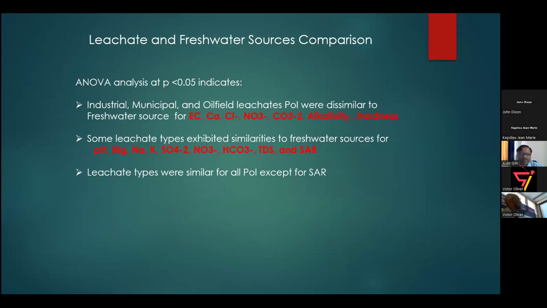All right, so for the source comparison, we used ANOVA analysis at a significance level of P less than 0.05. So what did we find? We found industrial, municipal, and oilfield leachate were significantly different from freshwater sources for EC, calcium, chloride ion, nitrate, carbonate, alkalinity, and hardness.